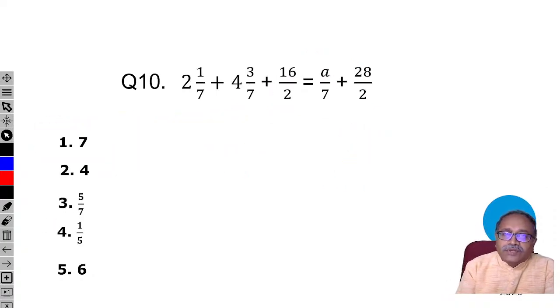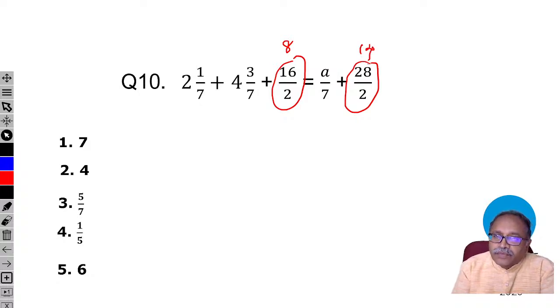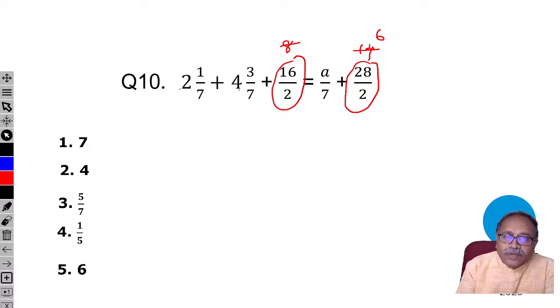Let's move on to the next one. In these kinds of questions, what do we do? It is written clearly here. 16/2 is nothing but 8, and then 28/2 which is nothing but 14. So when we cancel this, it becomes minus here. So that is 6. I'm getting 6 here. So what is the value over here? That's 2 plus 4 which is 6, and 1/7 plus this becomes plus here.